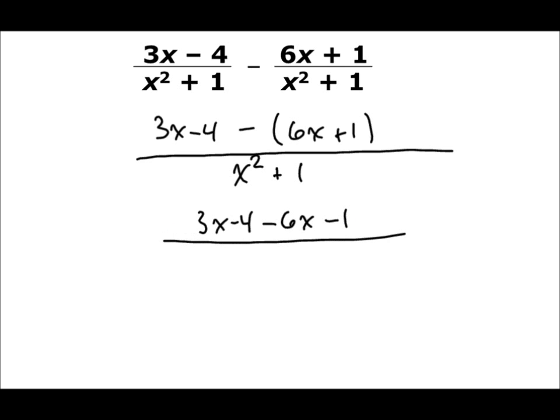And looking at this numerator, I can see that I can simplify it. I've got 3x minus 6x, which is a negative 3x, and then I've got a negative 4 and a minus 1, which would be a negative 5, and my denominator is still x squared plus 1.